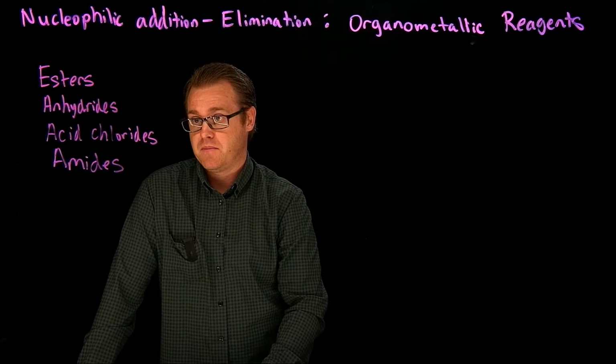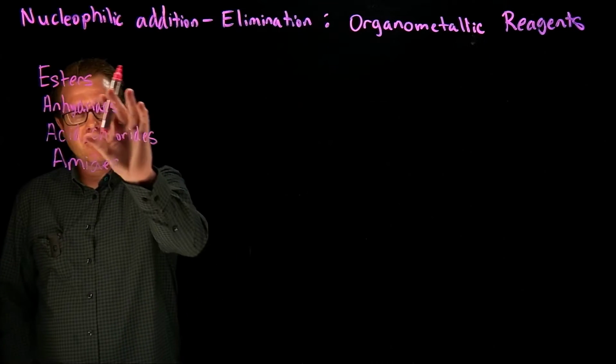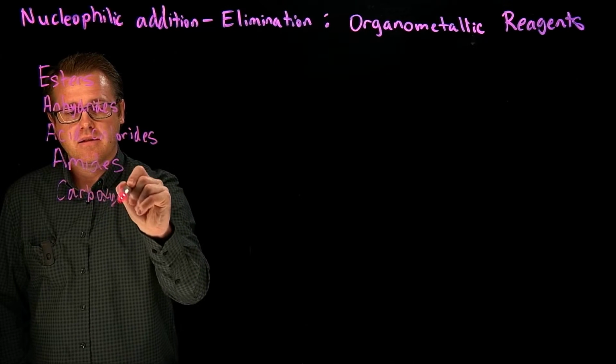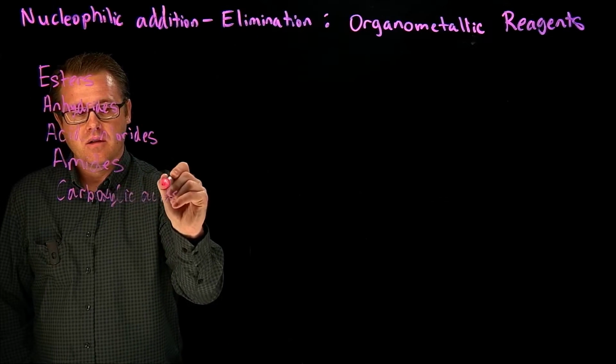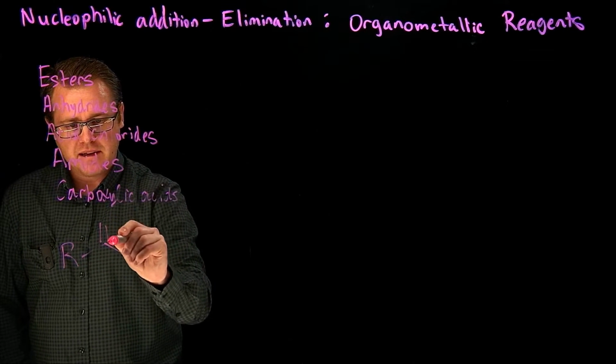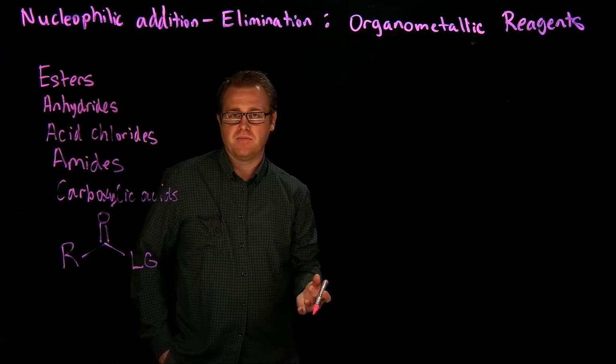acid derivatives. Now, one thing that we need to understand is I'm going to represent these and even carboxylic acids in general terms, kind of like this. We have a leaving group.